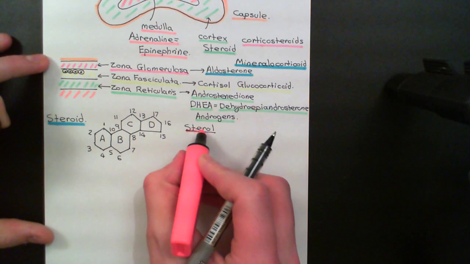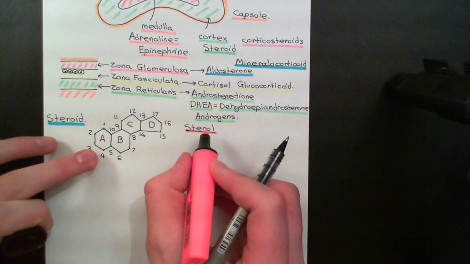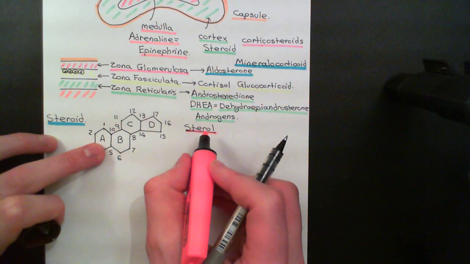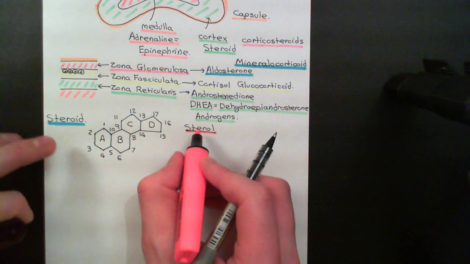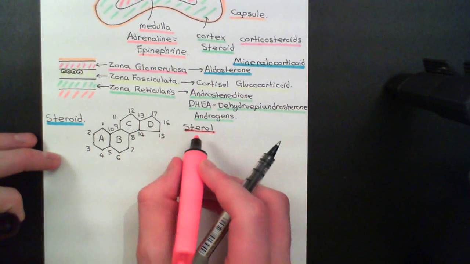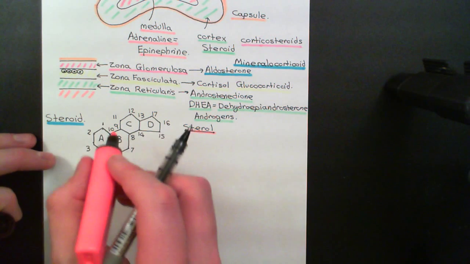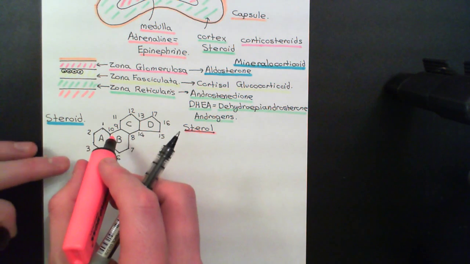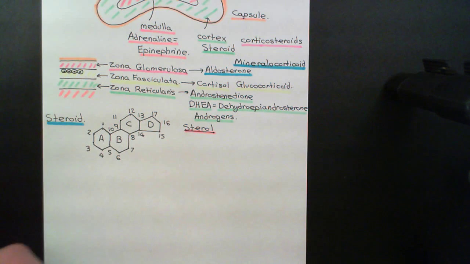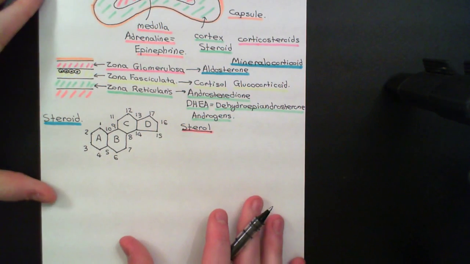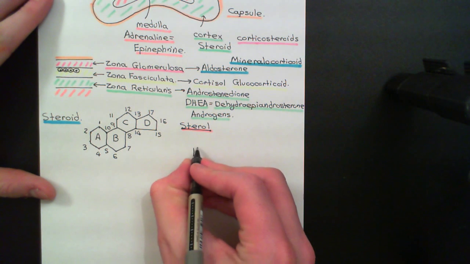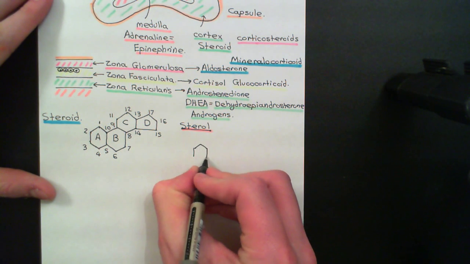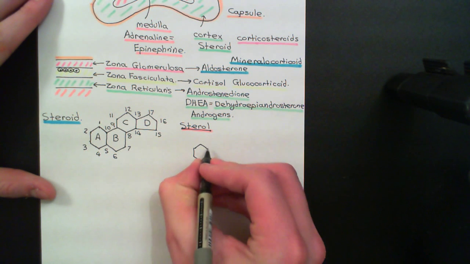So steroids are a huge great class of molecules, all of which have a structure based on this molecule here. Sterols are a subset of that great big class, which all have a structure based on the structure that I'm about to draw out, which is a steroid, i.e. it's based on this structure. So let me now draw out the core sterol molecule. So the core sterol molecule contains the core steroid structure, so I'll draw this out quickly.